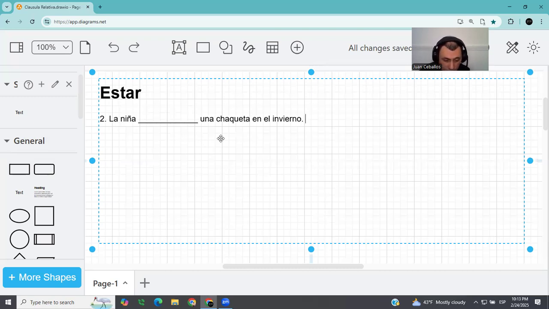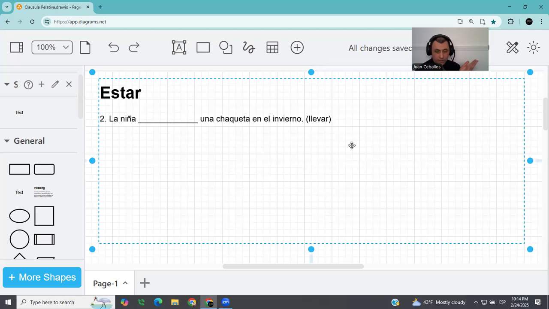So here you need to use the verb llevar. If we conjugate this verb. Okay, that would be better. So the verb llevar can be used for general things.